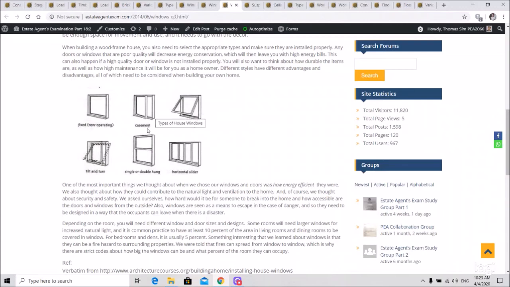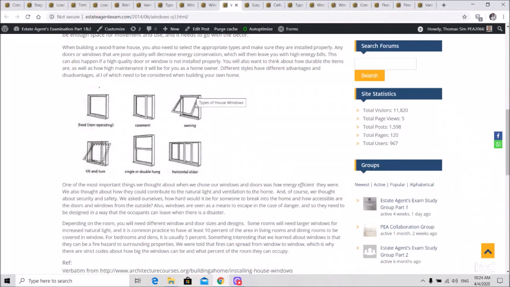The difference between the casement window and the awning window is that in the awning window the rainwater won't come in, but in the casement window rainwater goes directly inside. So we would prefer awning windows rather than casement windows. Of course, the horizontal slider is the most common. The disadvantage of the horizontal slider is that at any time you can only open half of the window. You cannot open the whole window.